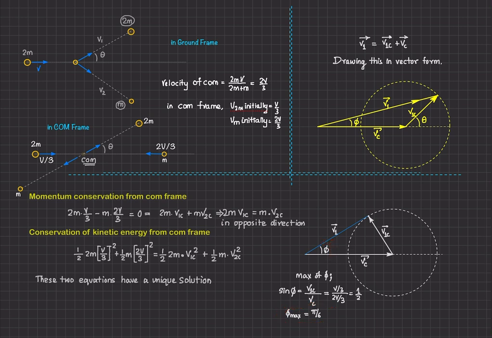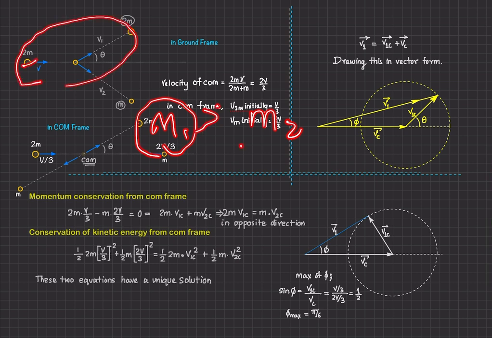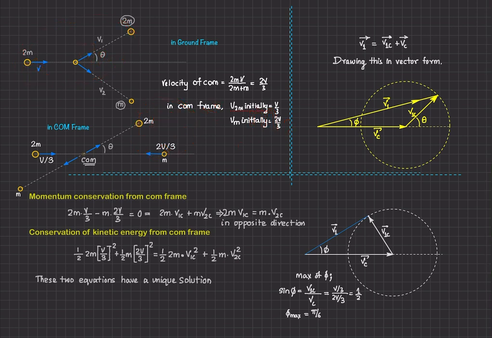Now, instead of 2m and m, let's generalize the solution. Let's say one mass is m1, the other mass is m2, and m1 is greater than m2, and they collide. The same scenario, but instead of 2m they have given m1, and instead of m, m2, and m1 is the higher mass, and they are asking what is the maximum deviation of m1.